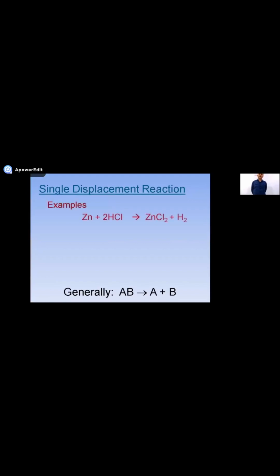All of these reactions: zinc replacing hydrogen in HCl, potassium replacing sodium, copper chloride. You should be able to read the chemicals over here. If you are unable to read, it means you are weaker, you have not studied the previous day's assignment or work that I gave you.